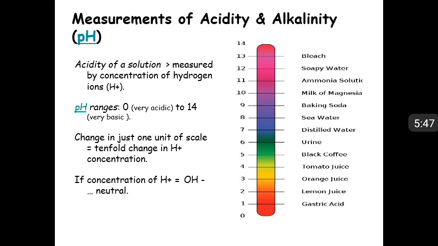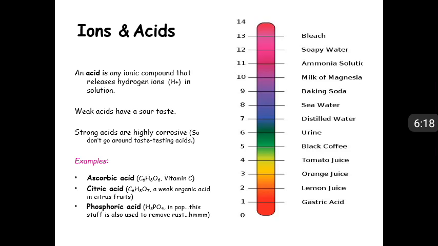We have a scale ranging from 0 to 14. 0 means highly acidic and 14 means basic substances, and 7 is relatively neutral, that is distilled water. A change of just one unit on the scale equals a 10-fold change in hydrogen ion concentration. If the concentrations of H plus and OH minus are equal, this is called a neutral solution.